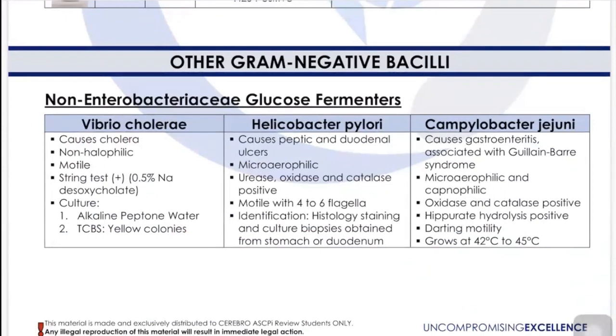For the identification, we could make use of staining of tissues. We can also culture biopsies obtained from the stomach or duodenum, considering the manifestation of Helicobacter pylori.